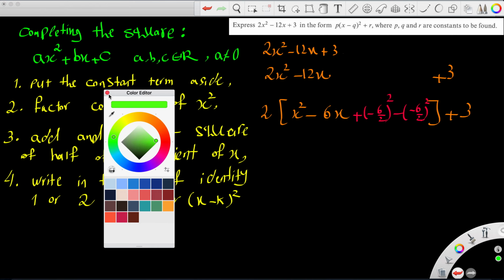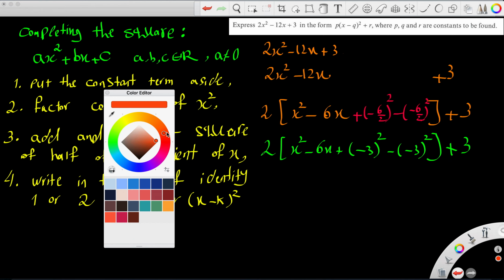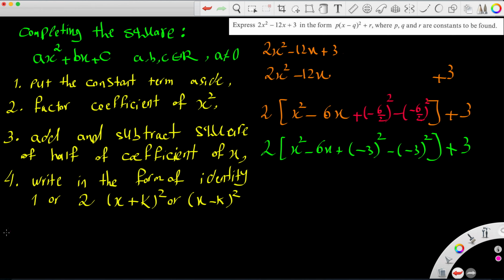Now, as you see here, let me again calculate this part. Minus 6x plus, you can write, minus 3 squared, minus 3 squared plus 3. I just want to remind you of these two identities.